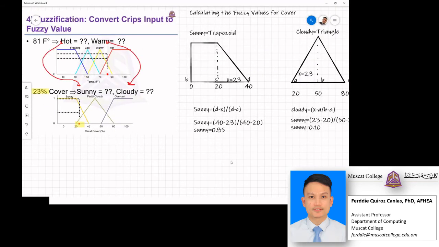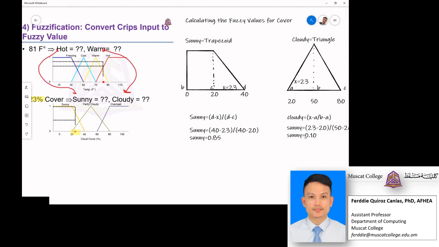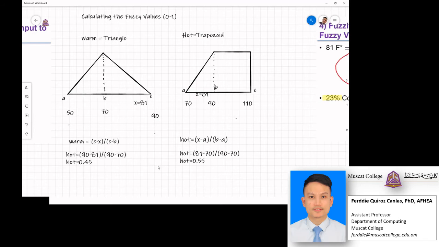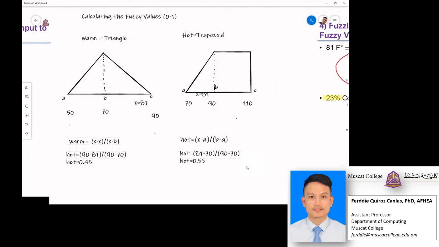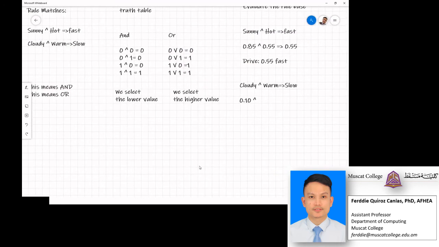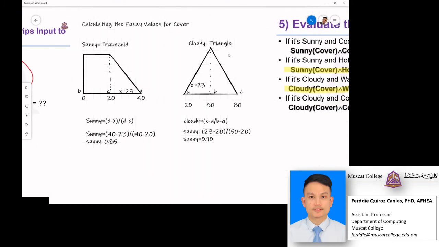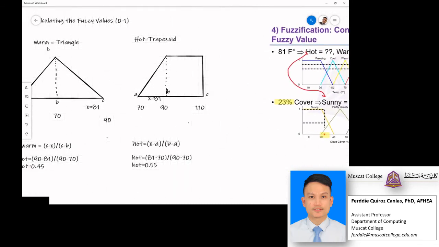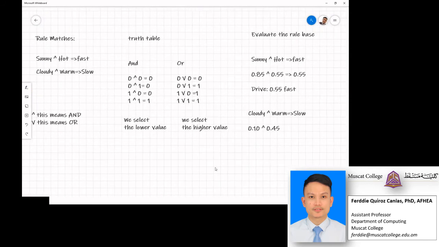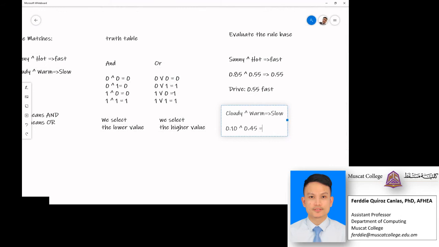Cloudy 0.10 and warm 0.45. So which one are we going to select based on the rule? 0.10, right? Because 0.10 is lower. So based on this we have to drive 0.10 slow. So done with this.